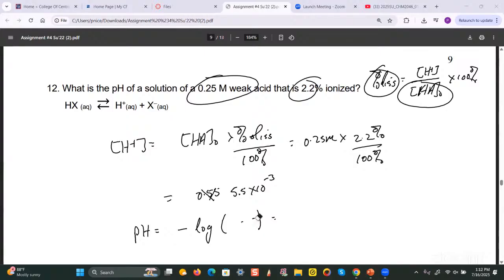Okay, so now we need to find the log of 5.5 times 10 to the minus 3. And when I do that, and again, correct me if I'm wrong, I got 2.26 as the answer. All right?